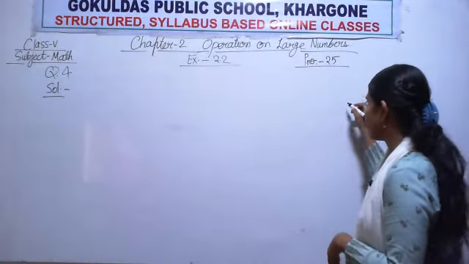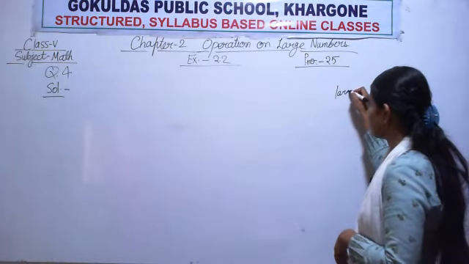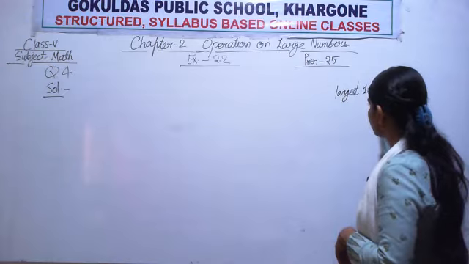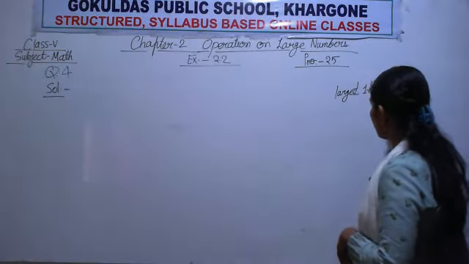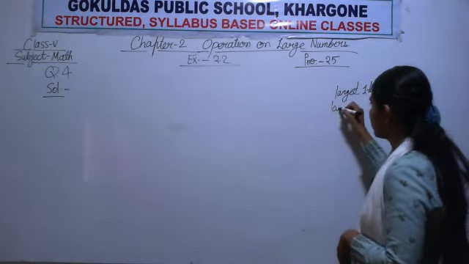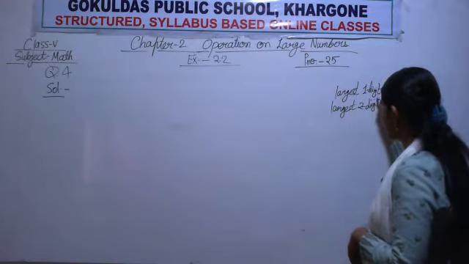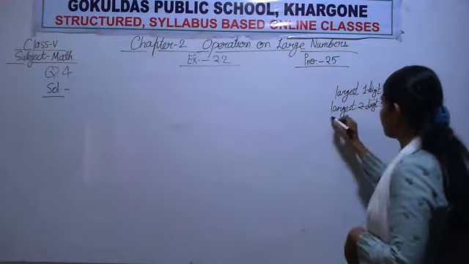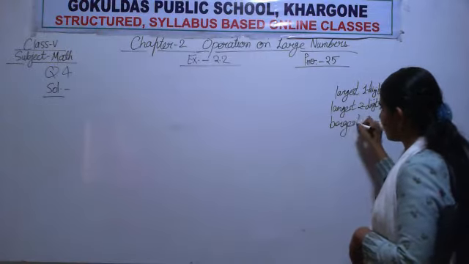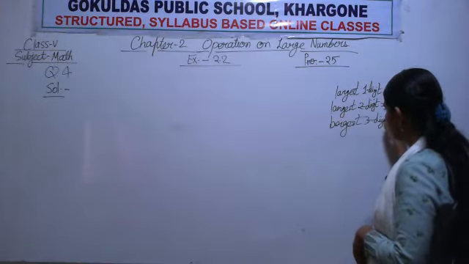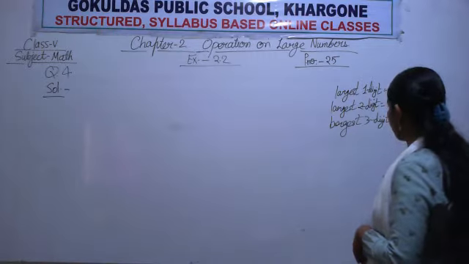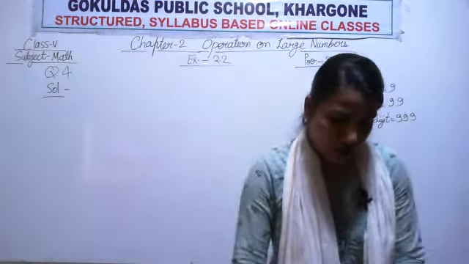Largest 2-digit number is 99. Largest 3-digit number is 999. Right?